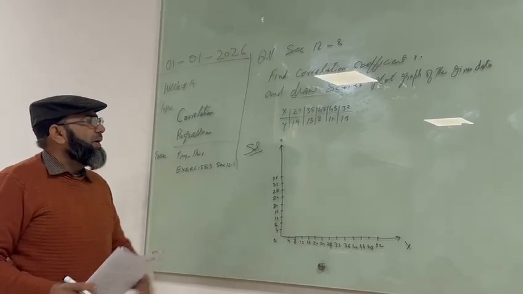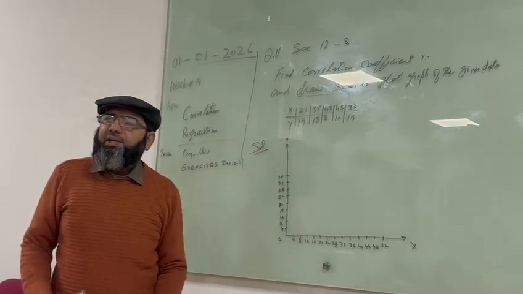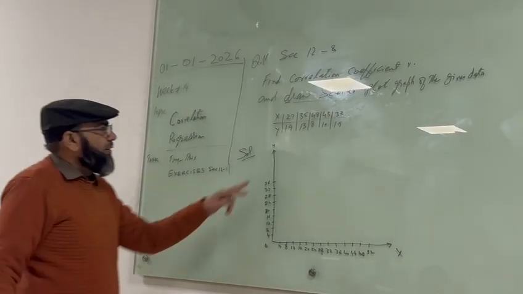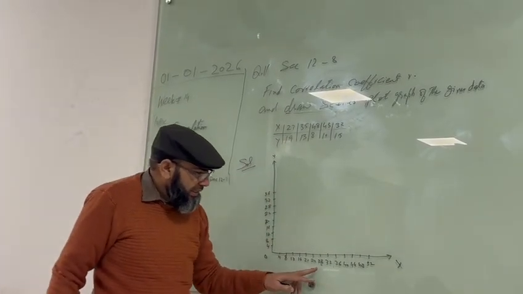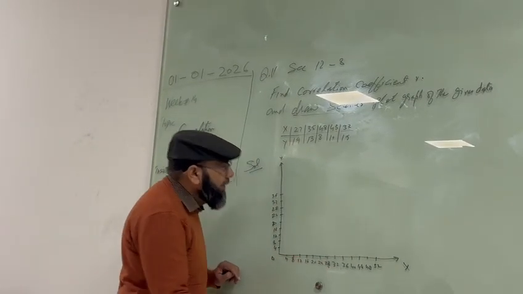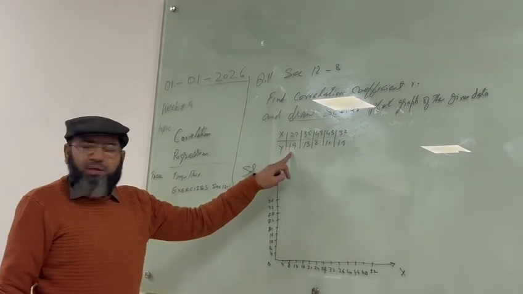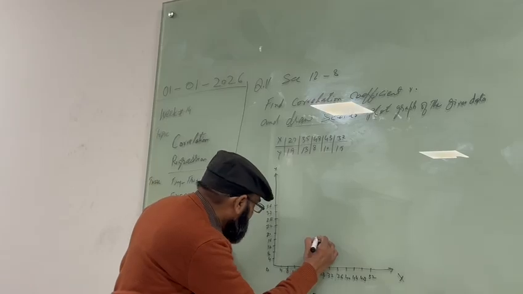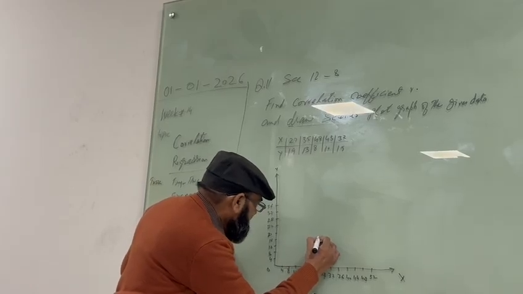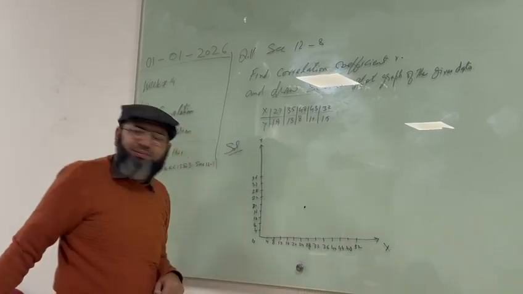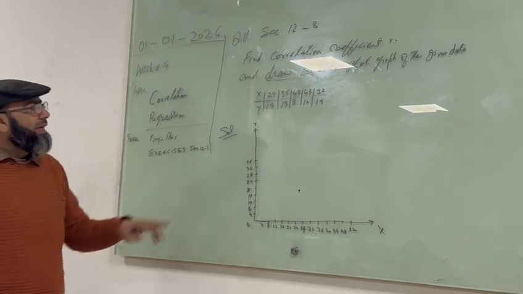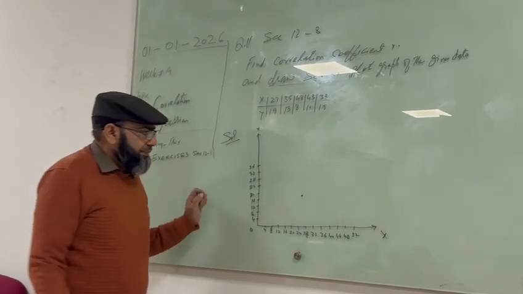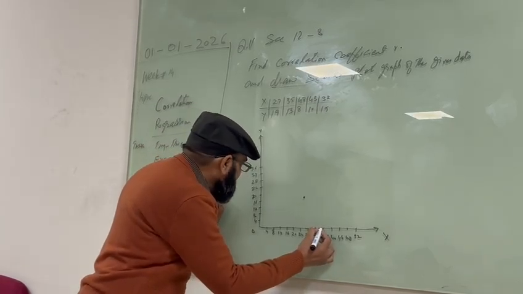So, what is the ordered pair here? 27, 19. Where will it be? We stand at 27 here and go upward to 19, near 20. So most probably this is the point. Next, at 35 on the x-axis, 13.